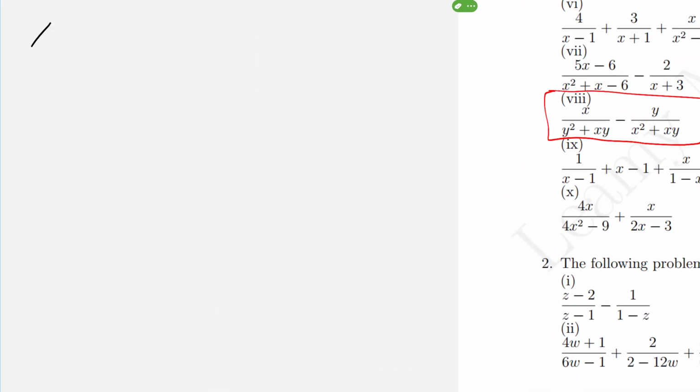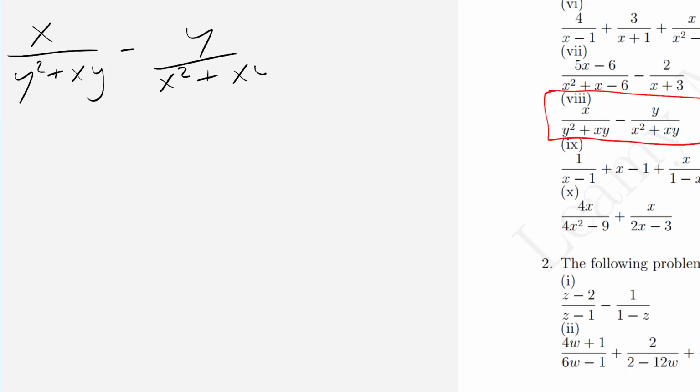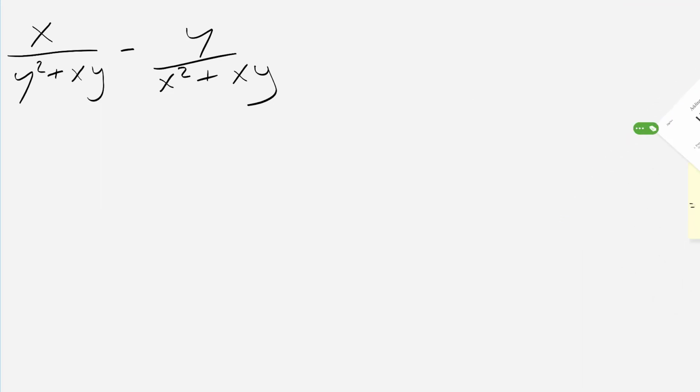So we've got x over y squared plus xy minus y over x squared plus xy. So what's my lowest common denominator in this case? What we need to do is see if we can factorize the denominators first. Looking at our example here, we can definitely factorize the denominator.